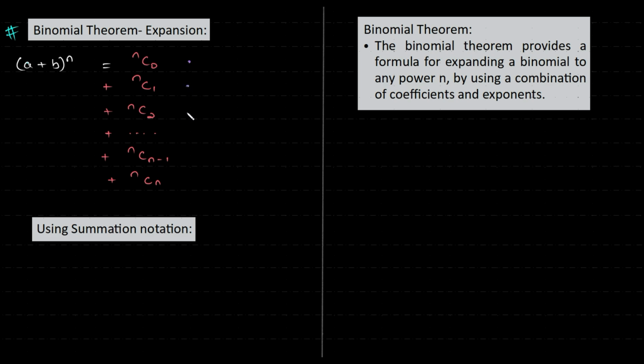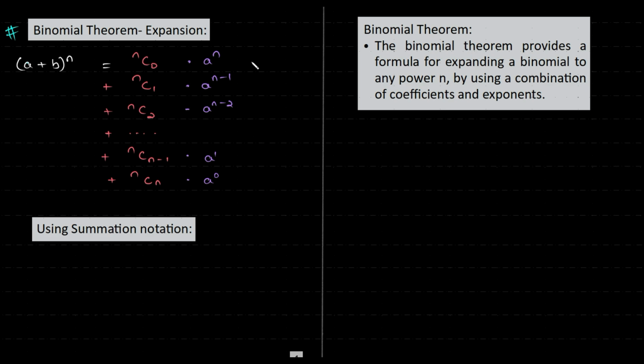Right? Then we will multiply this with a to the power of n, a to the power of n minus 1, a to the power of n minus 2, a to the power of 0. So this is the pattern that it will follow.